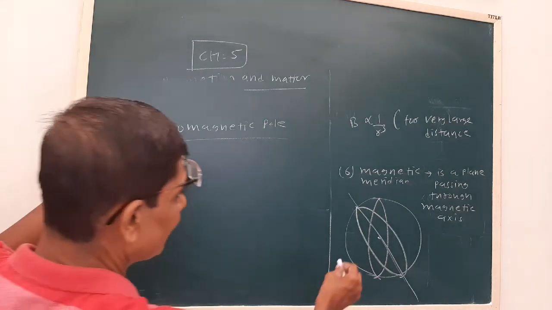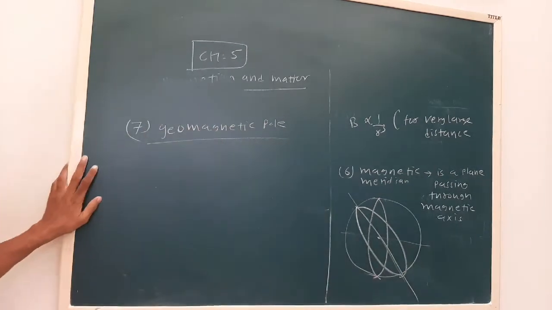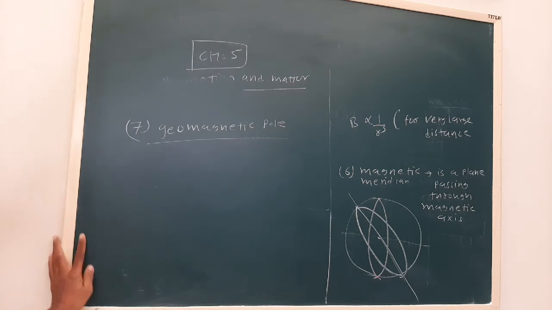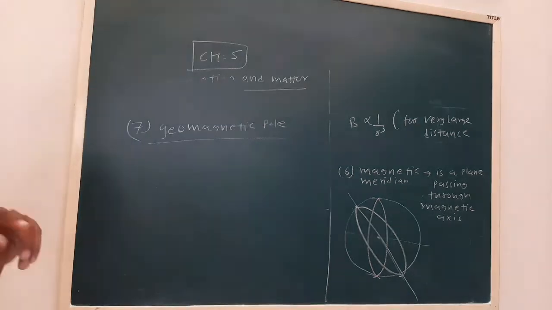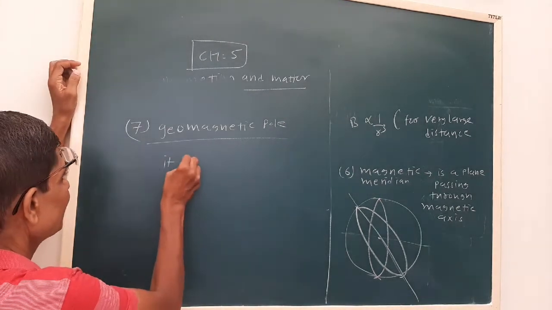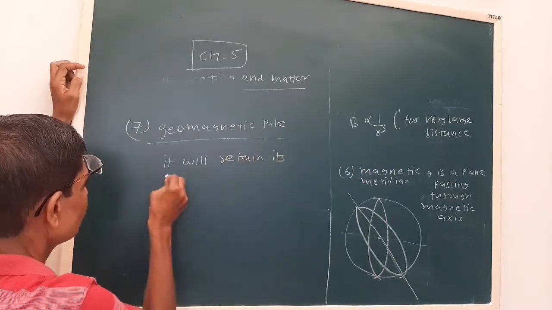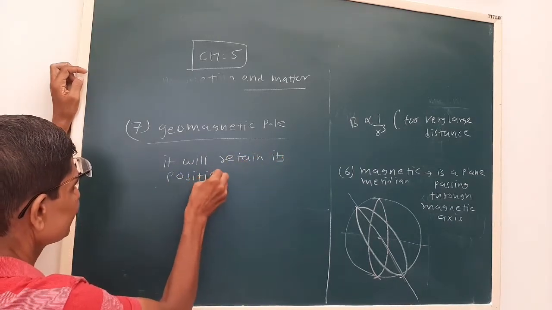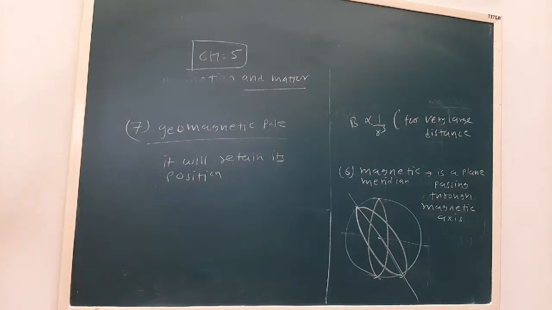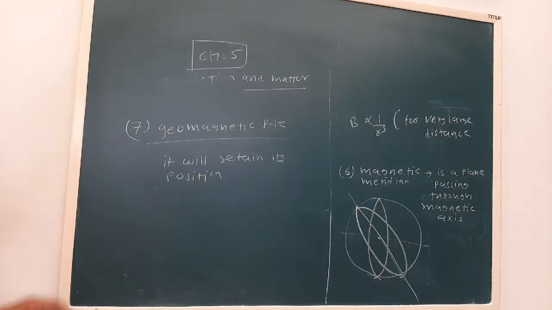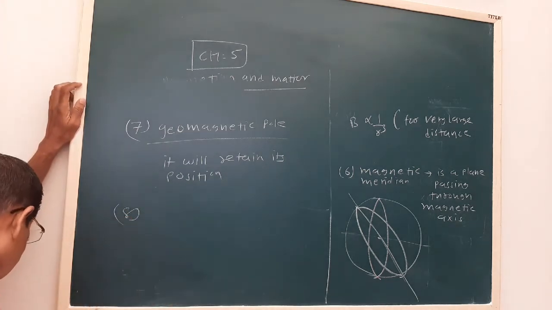We allow a magnetic needle to oscillate in a horizontal plane. So depending on the angle of dip, it will retain its position. Now see our next MCQ.